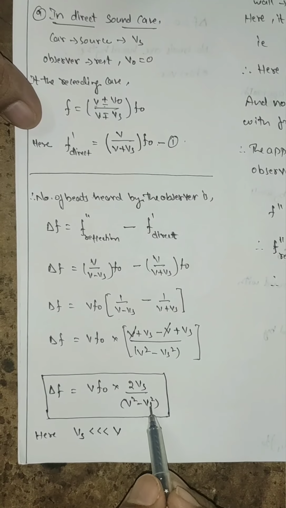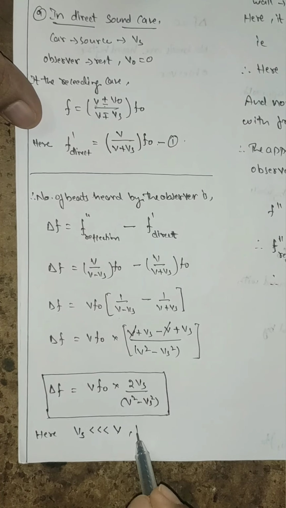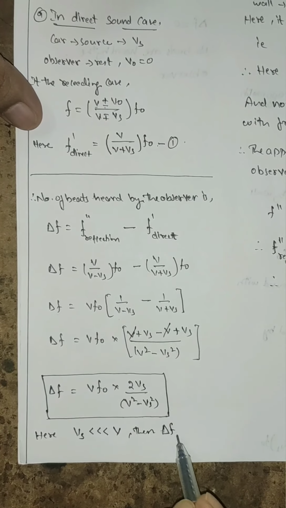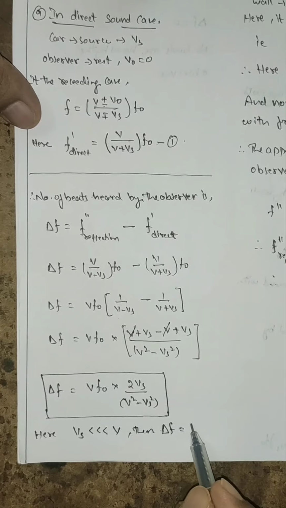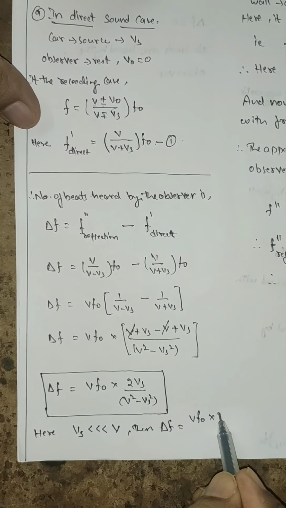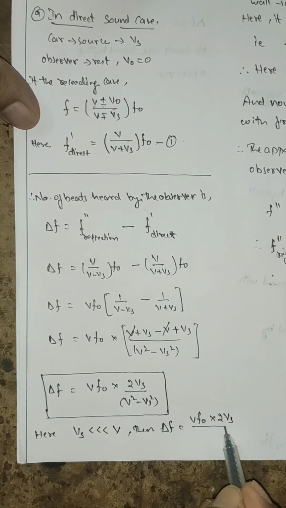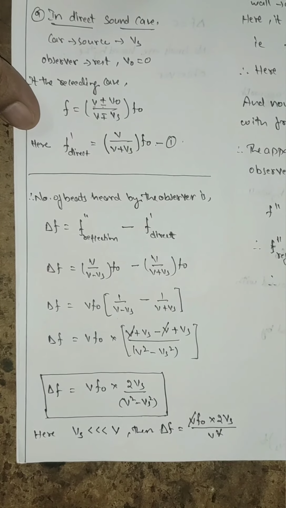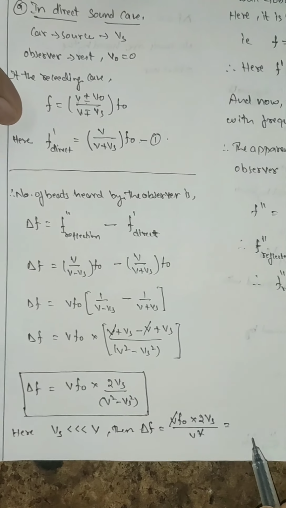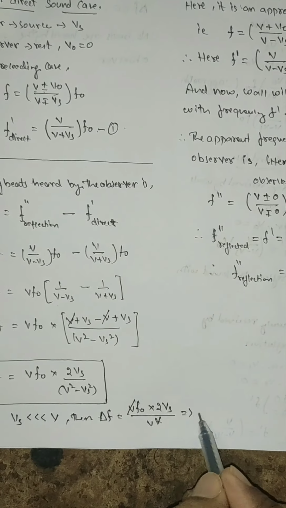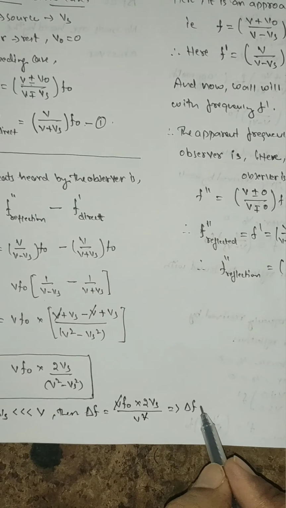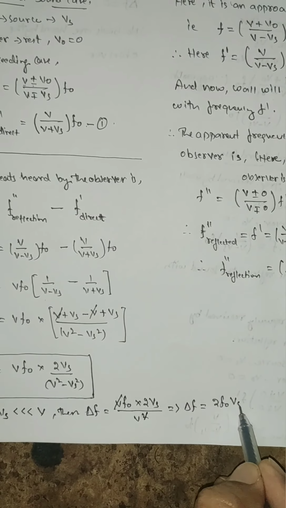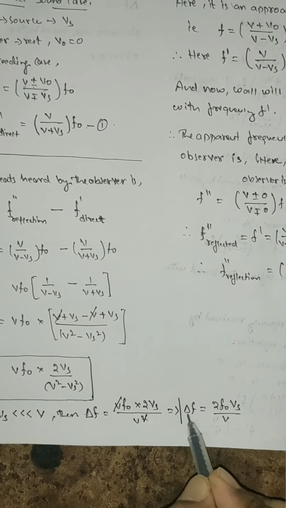If Vs square is neglected, then the number of beats heard by the observer can be written as V f naught into 2 Vs by V square. Here V and V get cancelled, so the number of beats heard by the observer is equal to 2 f naught into Vs by V.